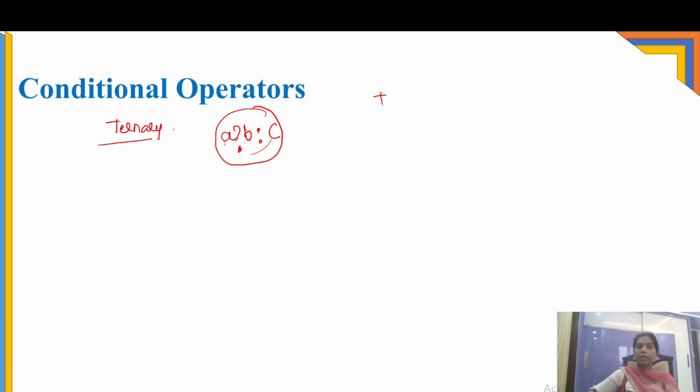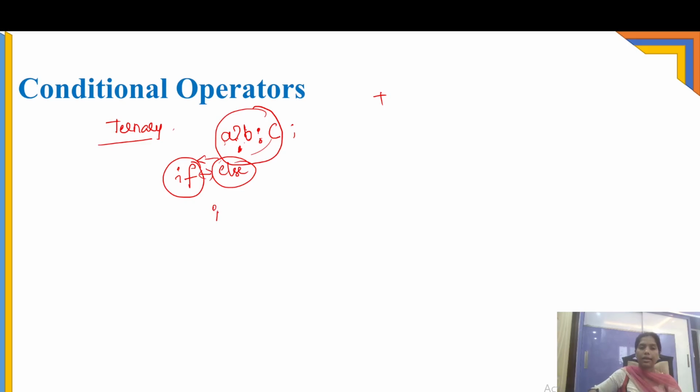A question mark, B colon, C. This is the syntax of the ternary operator. It is used as an alternative for if else.